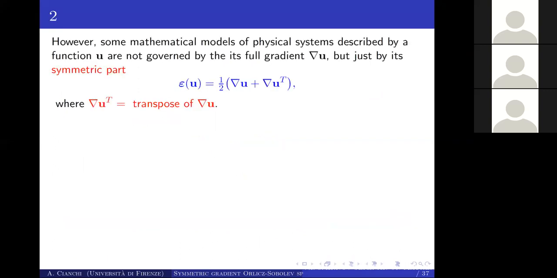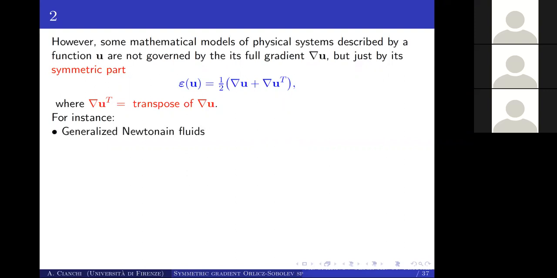It's also known that for some physical phenomena, which are described by this function u, what enters the model is not the full gradient, but just the symmetric part of the gradient, which means the symmetric part of the matrix, given by this formula, which I denote by epsilon u, which is 1/2 of nabla u plus the transpose of nabla u.